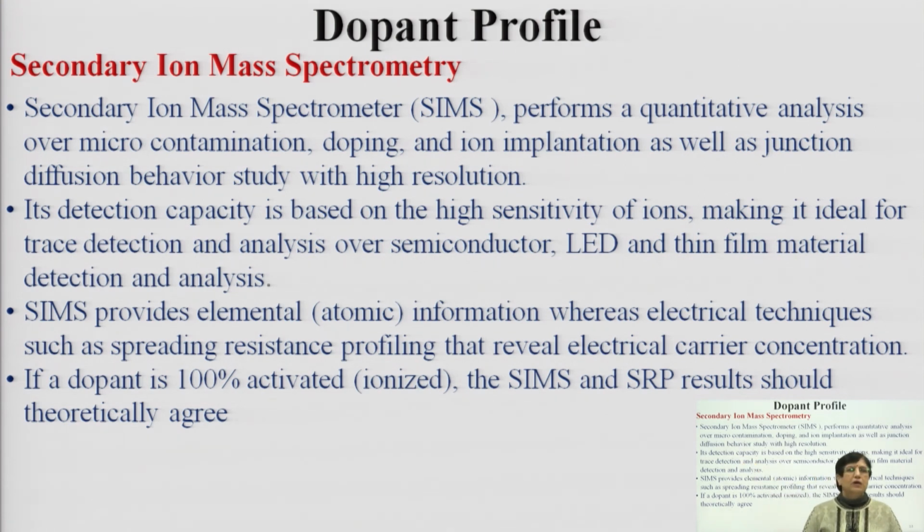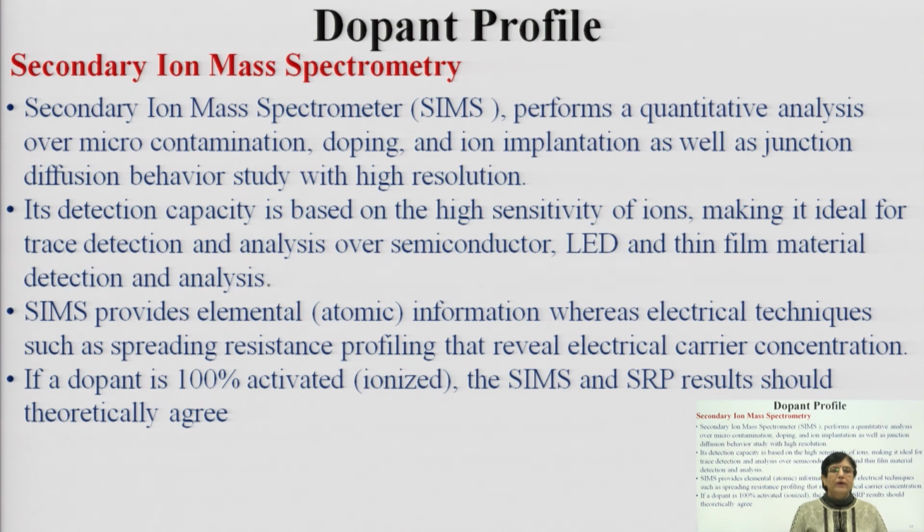Its detection capacity is based on the high sensitivity of ions, making it ideal for trace detection and analysis of semiconductors, LEDs, thin film materials, and different materials. So, SIMS, secondary ion mass spectrometry, we have seen earlier also. This gives very good results. The drawback is that the sensitivity is slightly less, and the equipment is costly.